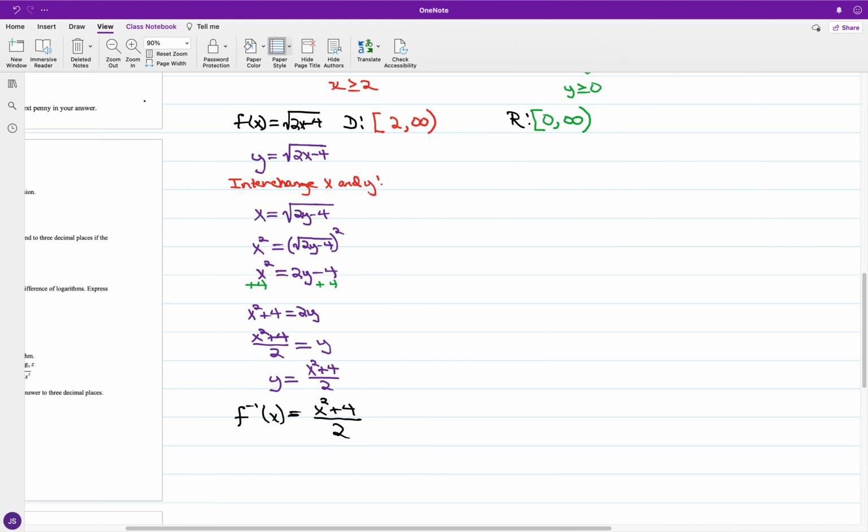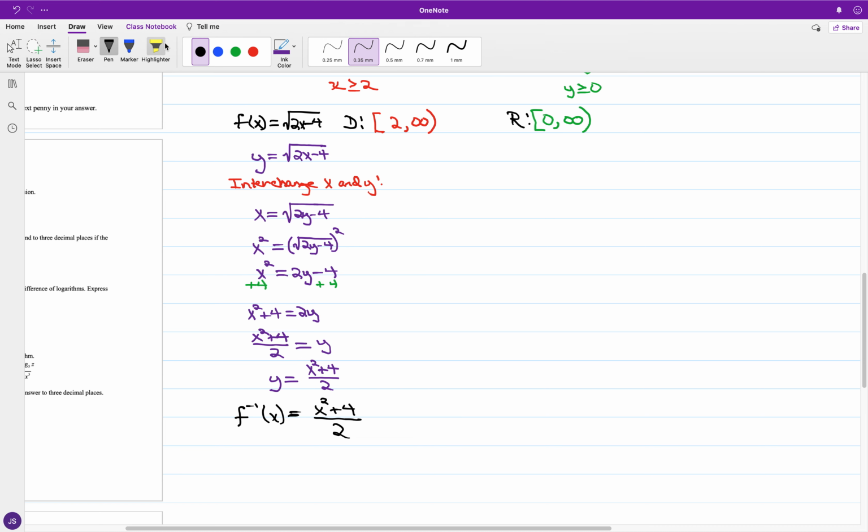Now for the domain of the inverse, the x would be what was in y for the radical function.